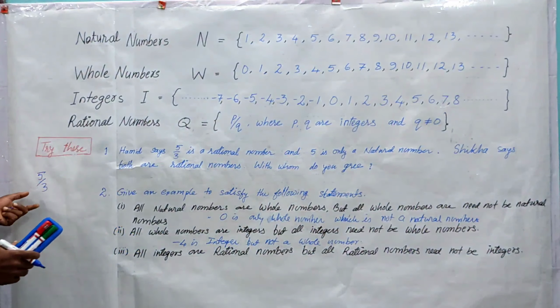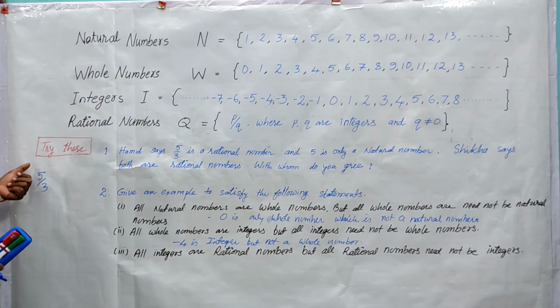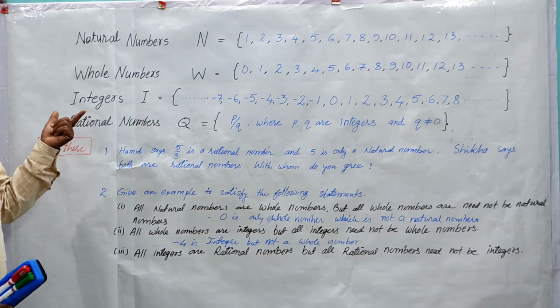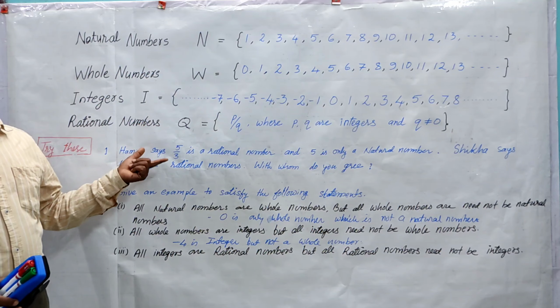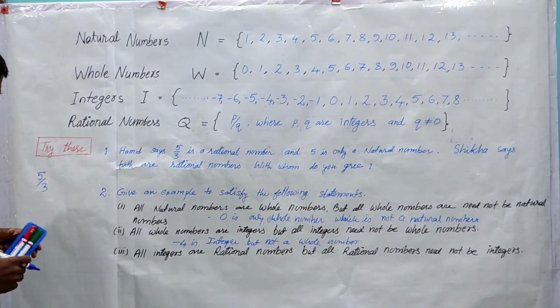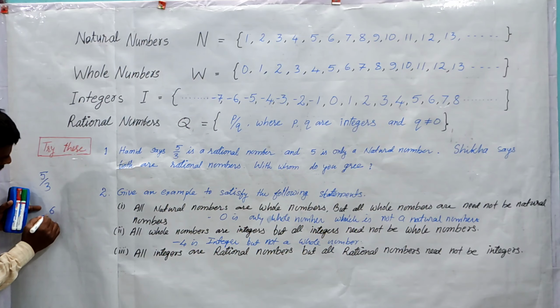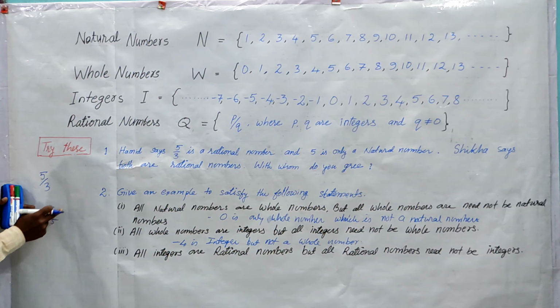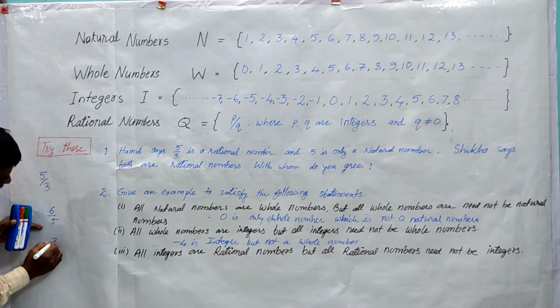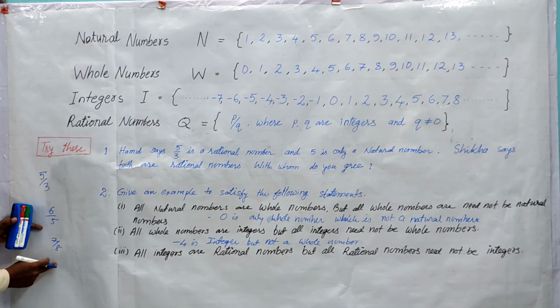Not only 5 by 3, if you take any number which is in the form of p by q, where p and q, the numerator and denominator, are co-primes, then that will definitely be a rational number but not an integer. Okay. So take another example, 6 by 5. It is a rational number but not an integer. 7 by 8 is a rational number but not an integer.